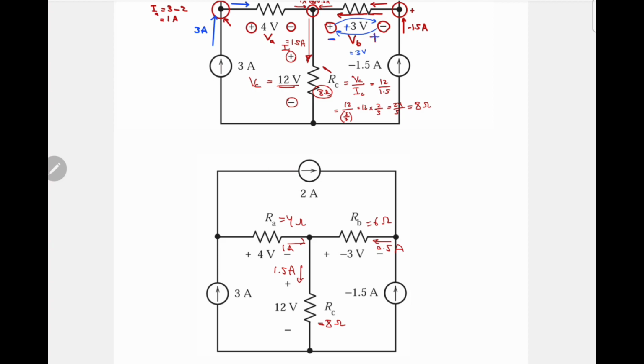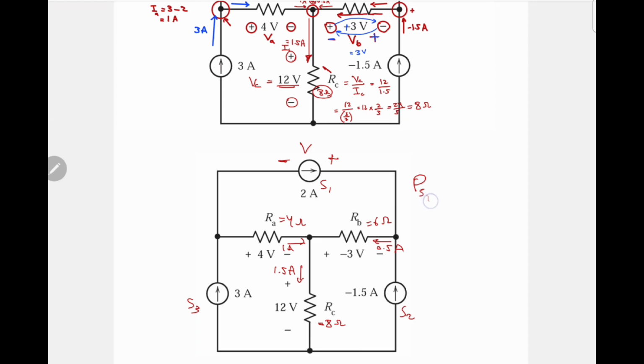So the power supplied by the 2 ampere current source, let's call this source 1, this source 2, and this source 3.